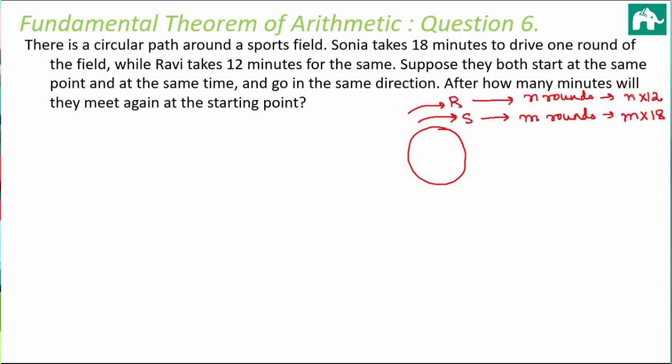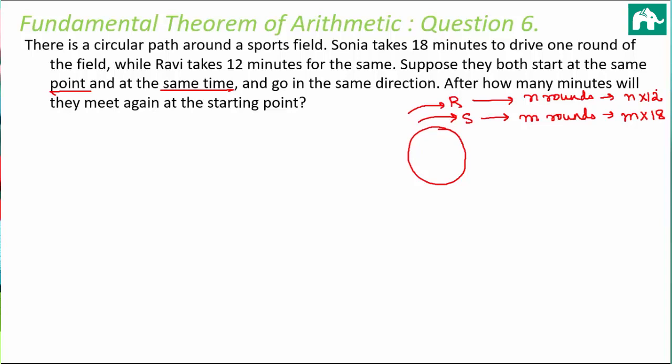Now if you look at this, the total time taken by Rahul has to be a multiple of 12. Similarly, the total time taken by Sonia has to be a multiple of 18 because they are taking 12 minutes and 18 minutes respectively for one round. Now, the question says that they meet at a common point and that too at the same time, which means that the time when they meet is a common time.